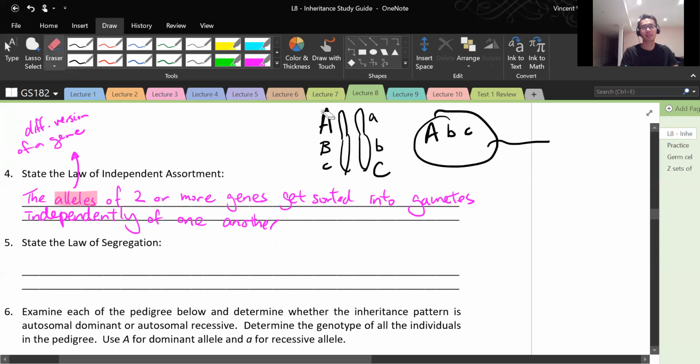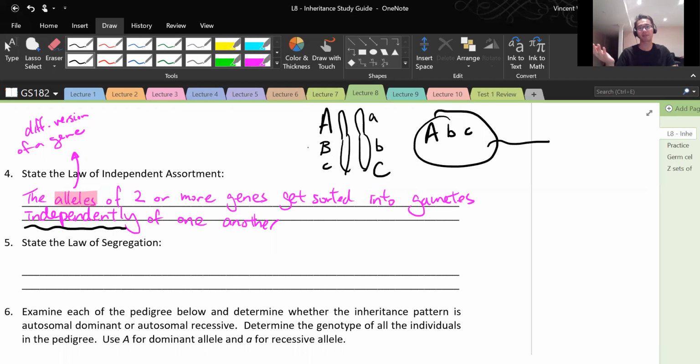Just because big A and big B are together on the same chromosome in the original cell does not necessarily mean they have to be together in the sperm. Whether it gets big A or small a is independent of whether you get big B or small b. Similarly, whether you get big B or small b is independent of whether you get small c or big C. Each allele gets sorted independently of the others.